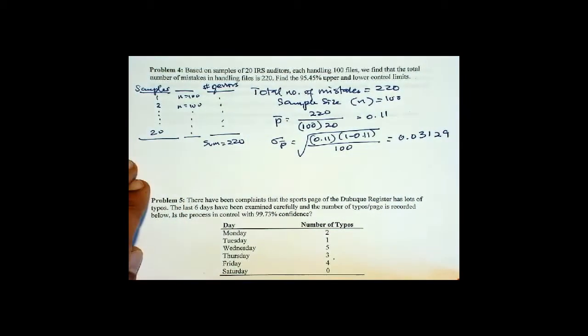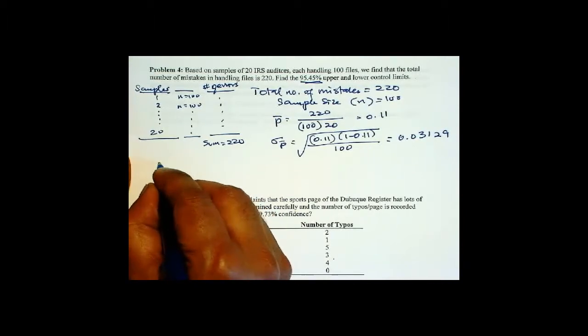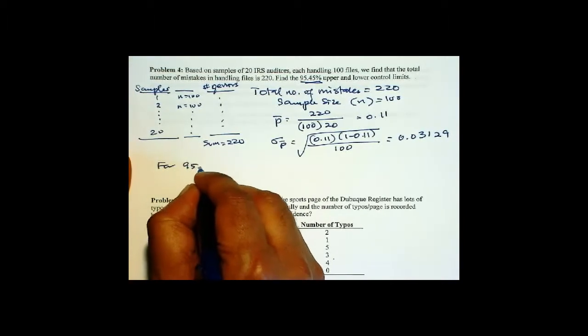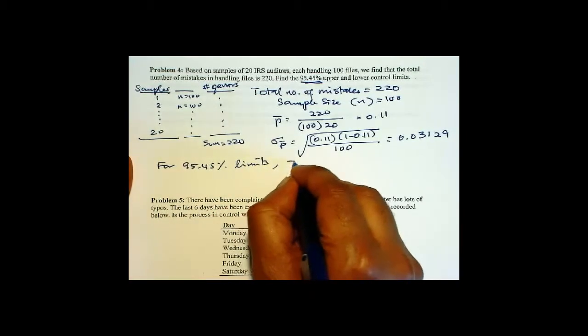So now we want 95.45% limits. For 95.45% limits, Z is 2.